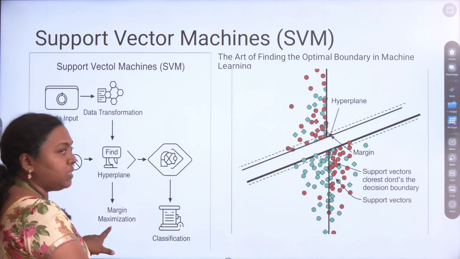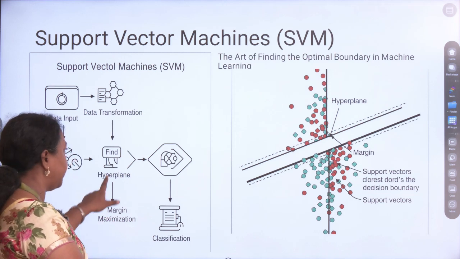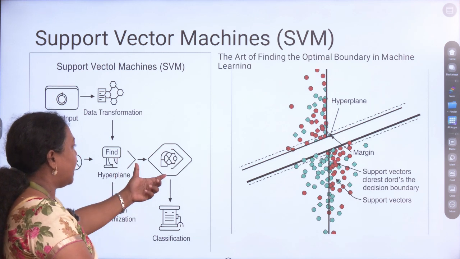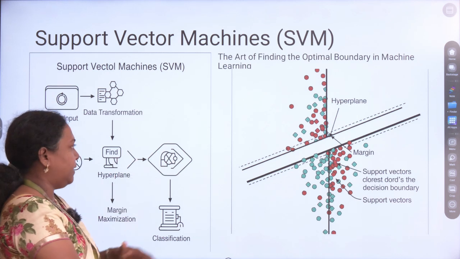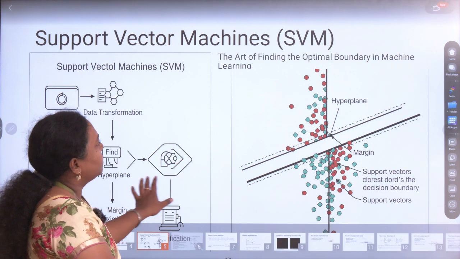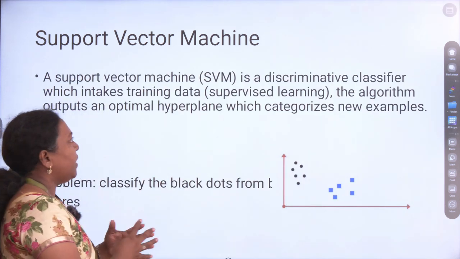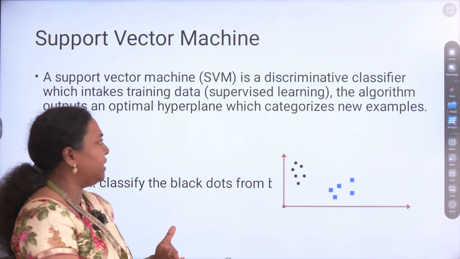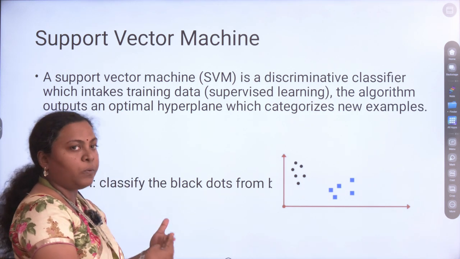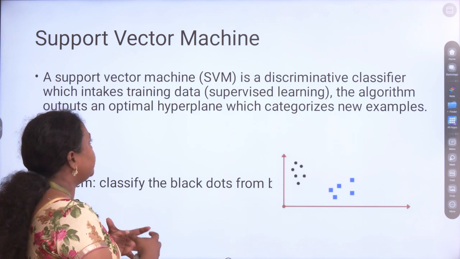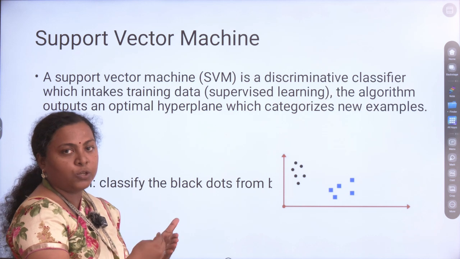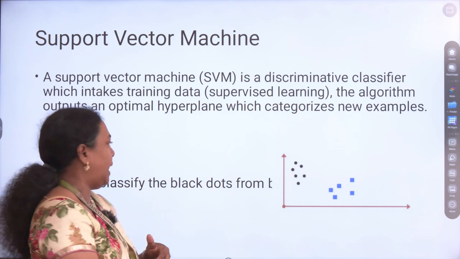A margin is then maximized or minimized based upon the optimal value that we get, and then we classify the data. Support vector machine is a discriminative classifier which helps us train the data in a supervised manner, and it gives an optimal result by categorizing new examples with the help of a hyperplane.